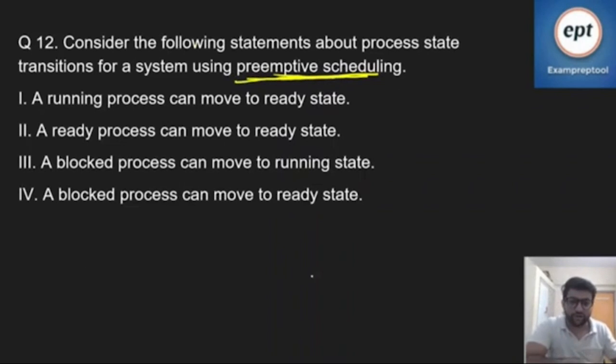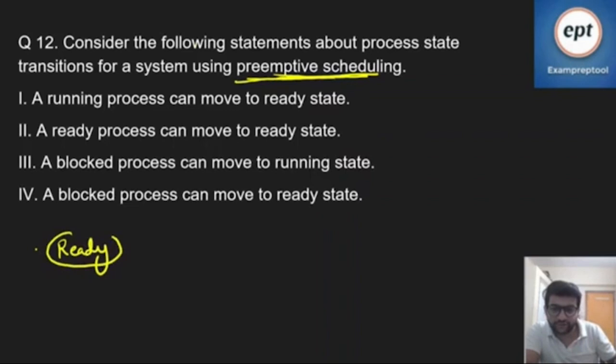So let me first draw the state diagram. We know that first the process is in the ready state. When the process is loaded in the main memory, it is known to be in the ready state. Before that is a new state, I'm not drawing that. After that, when the short-term scheduler selects a particular process, the dispatcher dispatches it to the CPU, so it moves into the running state.